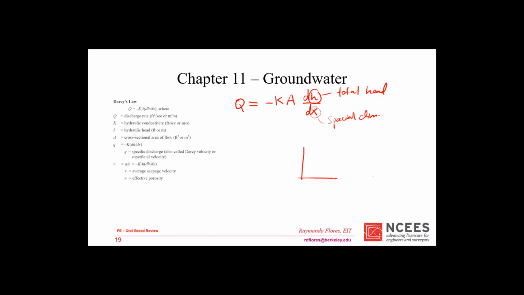You might have a dam that only goes out this far, but it punctures the ground, and yet there's water here. So you might have water flowing like that, and you might have some gravel here, so it might go this way.